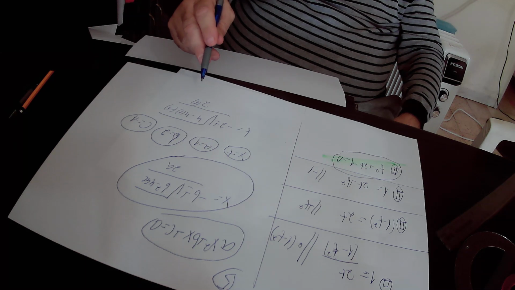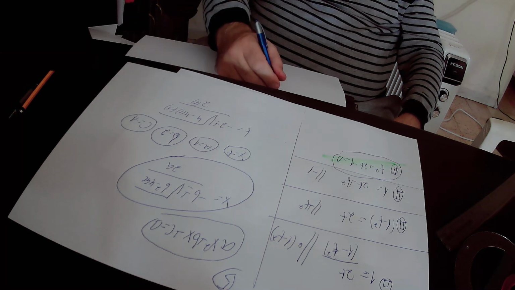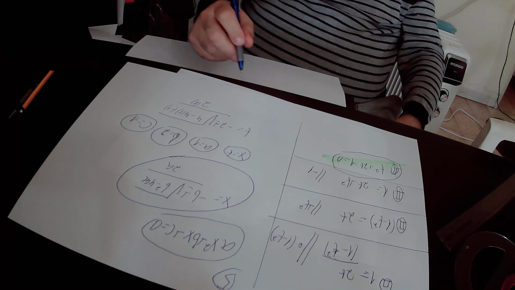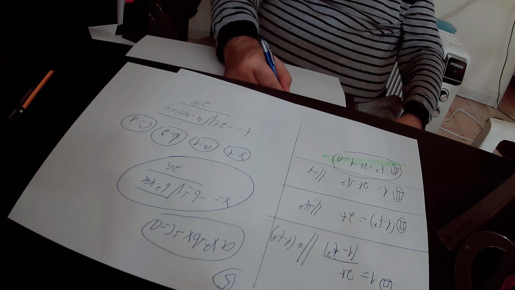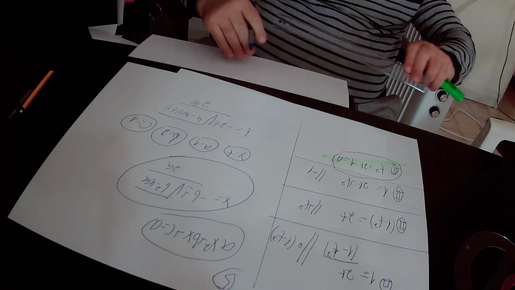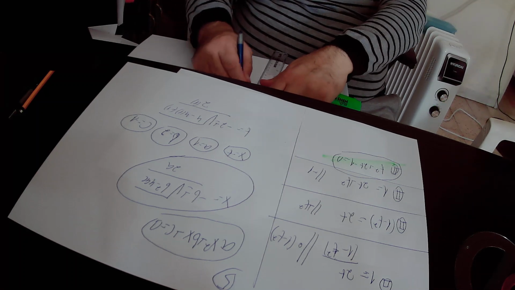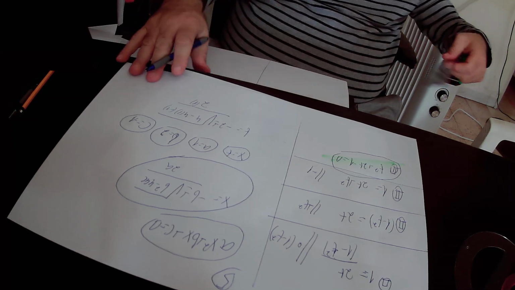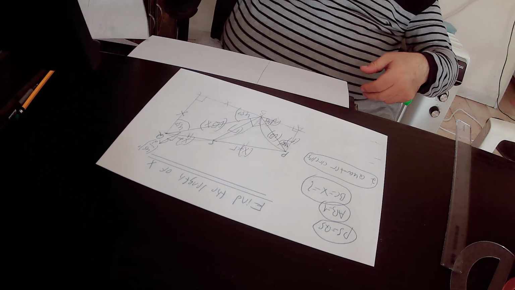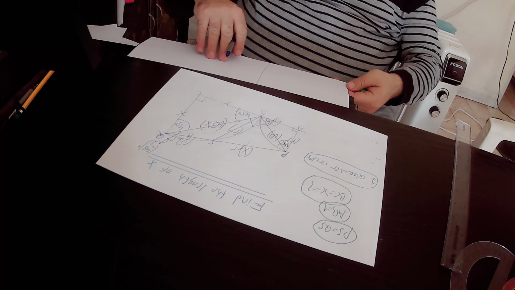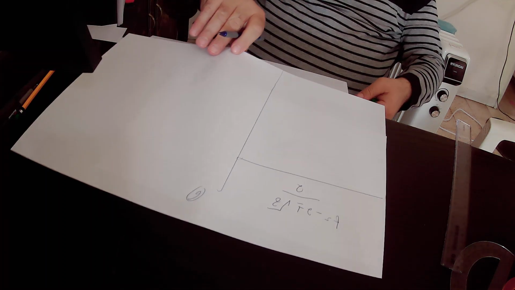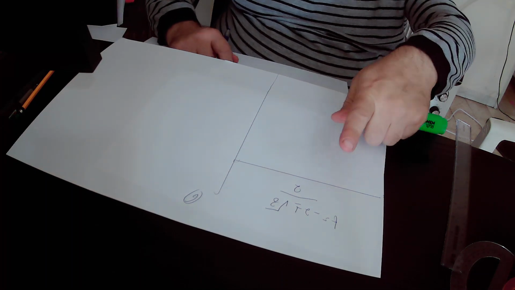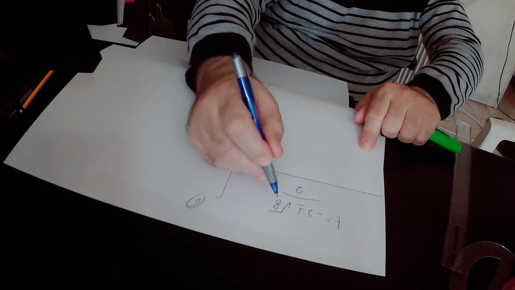So in total, inside the root we have 4 plus 4, that is 8, divided by 2 times 1, that is 2. In conclusion, we found out that t equals minus 2 plus minus square root of 8 over 2.